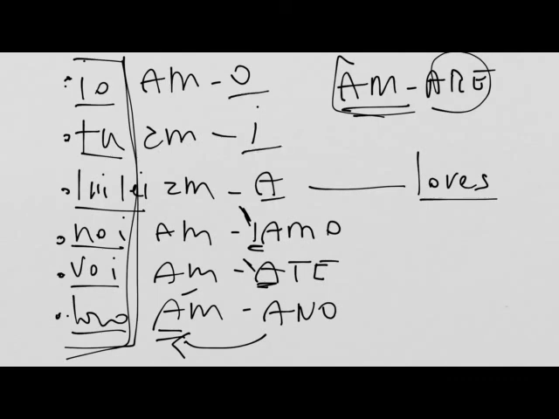Amo il cane, it can only be io. Amano i gatti, it can only be loro. There is no other possibility. So the conjugations in Italian are more complex. They allow you to avoid using and repeating the pronouns all the time. And that's the way it is.